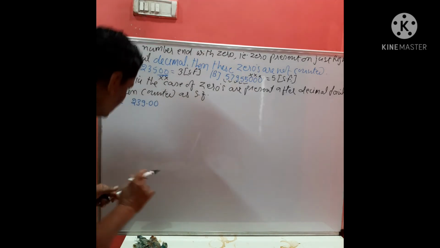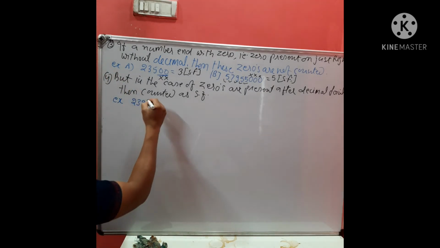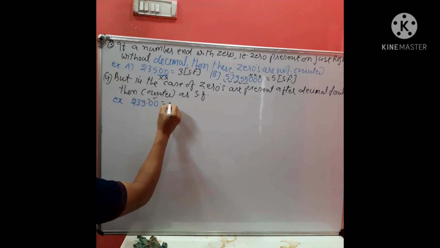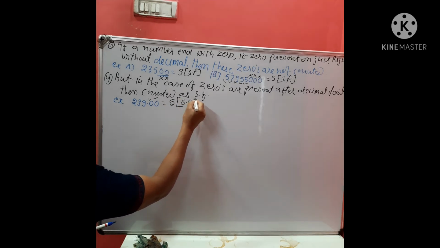There are 2 zeros, but these zeros are present after the decimal point, so they will be counted as significant figures. So there will be a total of 5 significant figures.